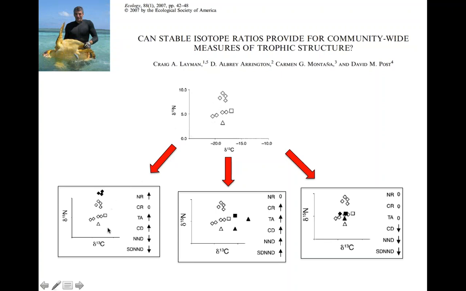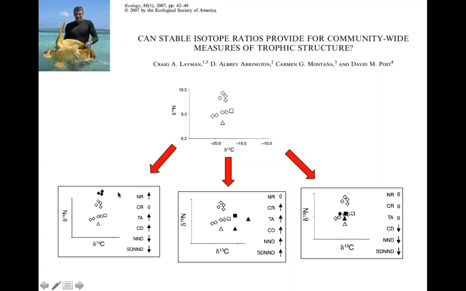So you look in hypothetical example 1, a new invasive species comes in, a new top predator comes into the food web. So this is maybe your before and after study. What happens to your metrics then when you analyze these? Your NR, your nitrogen range, has increased. You've got a new consumer in your food web. So you can metrically show how this has affected the food web size.